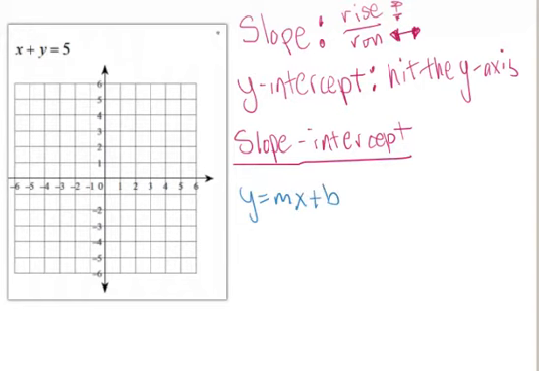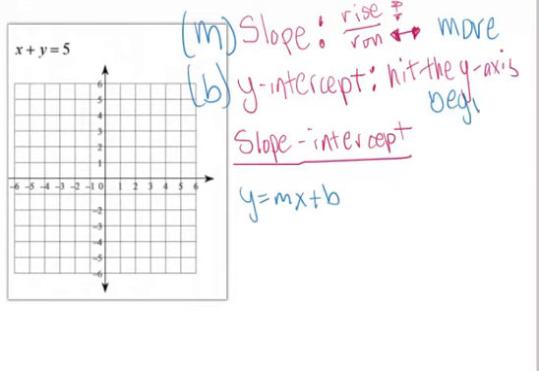The m is our slope. So m is known as our slope. The b is known as our y-intercept. The reason why is because slope is how I move my graph, and the b for y-intercept is how I begin my graph. So these are very important concepts for us.